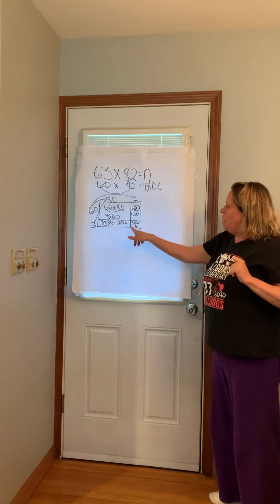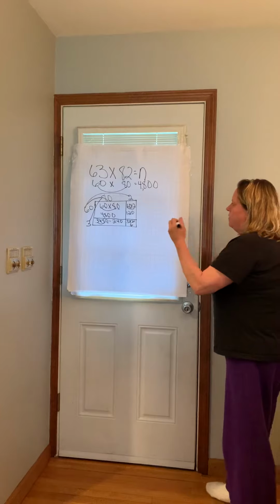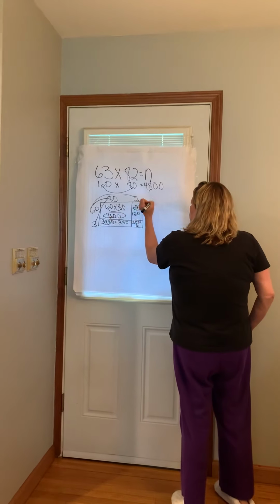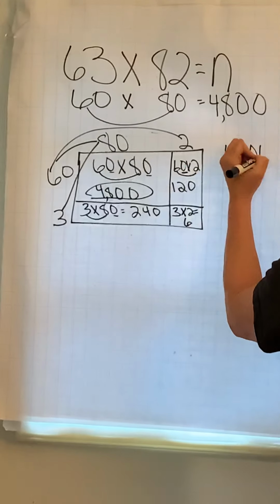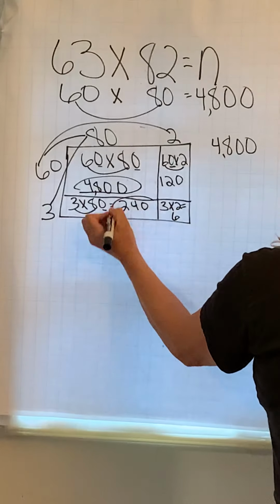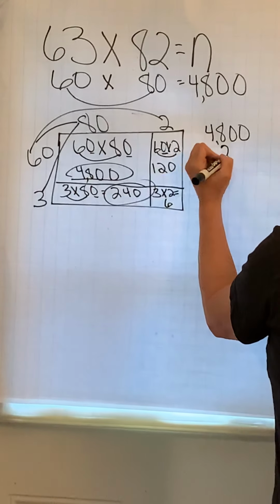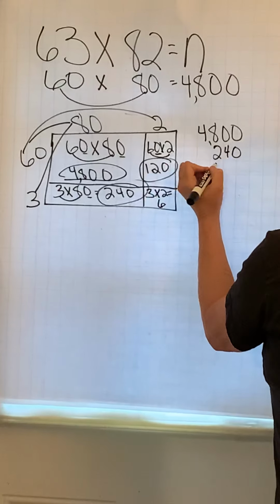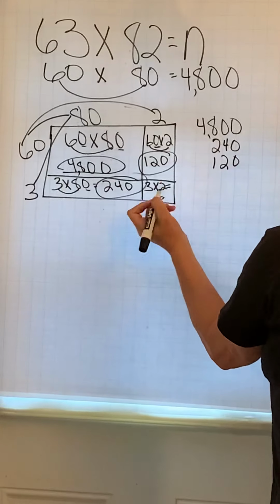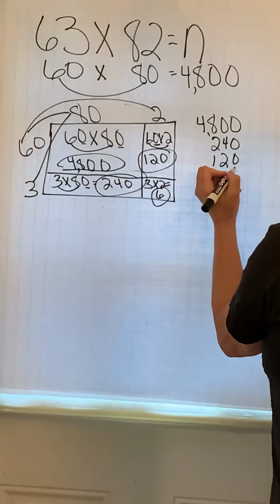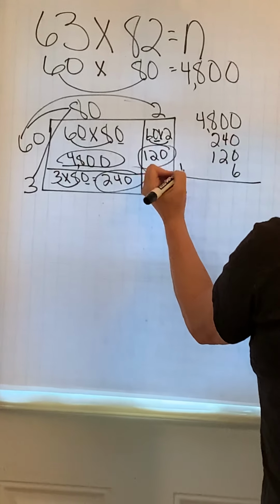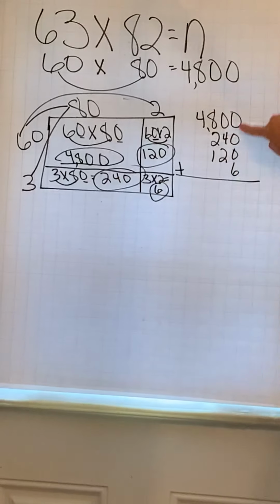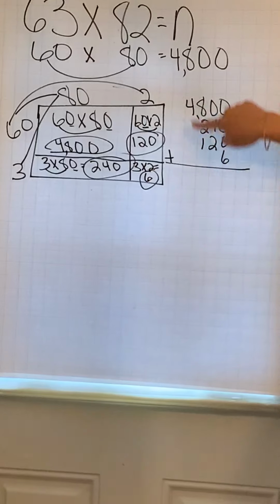We're going to take all our partial products and add them together. So we had 4,800. We had 240. We had 120. And we had 6. And we're going to add them up. Notice, again, everything's in the right column, the ones, the tens, the hundreds, and the thousands.